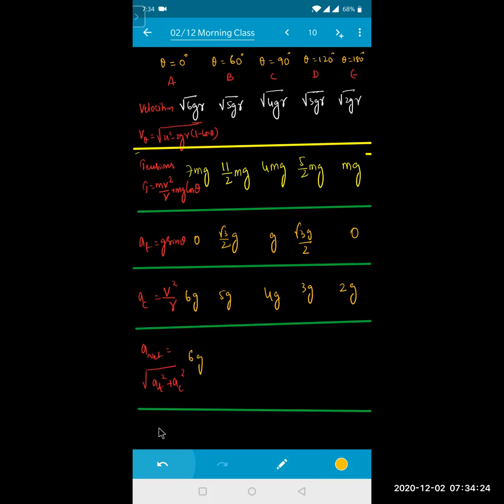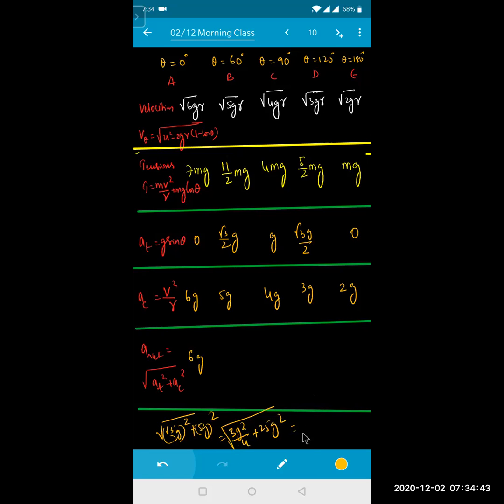Calculate it. The a_t value is root 3 by 2 g whole square plus this one is 5g whole square. That means this is 3g square divided by 4 plus 25 g square, all under root.